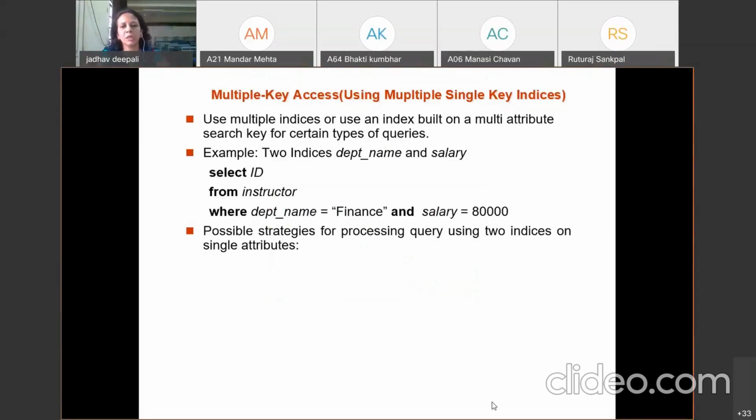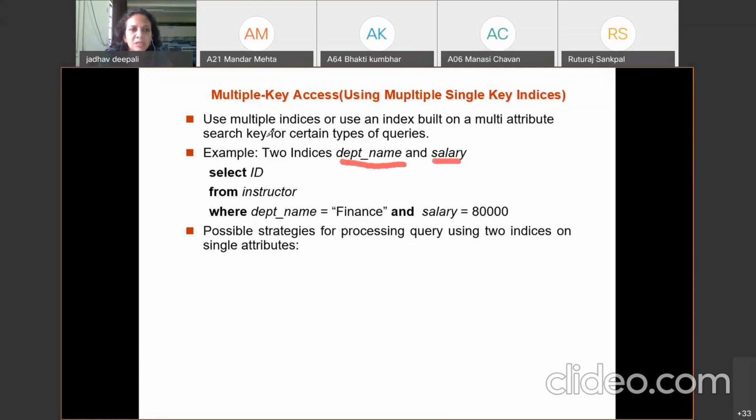Now we move towards the next topic, that is multiple key access. There are two concepts in multiple key access. The first one is to use multiple indices. Use multiple indices means we consider for the instructor relation there are two indices: one index on the department name, another index on the salary.